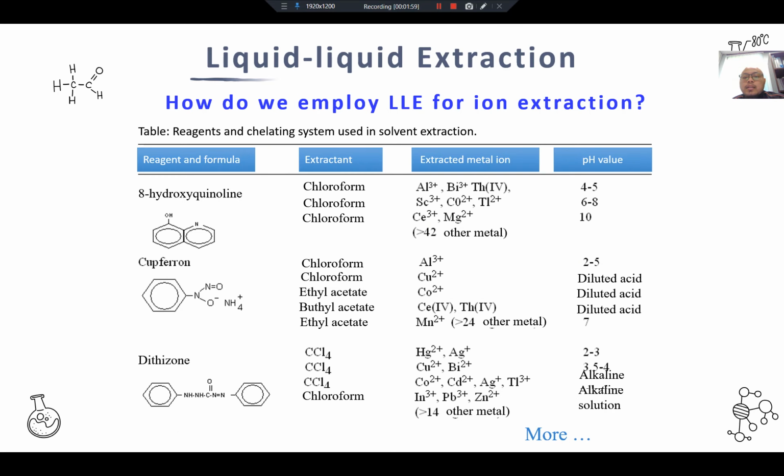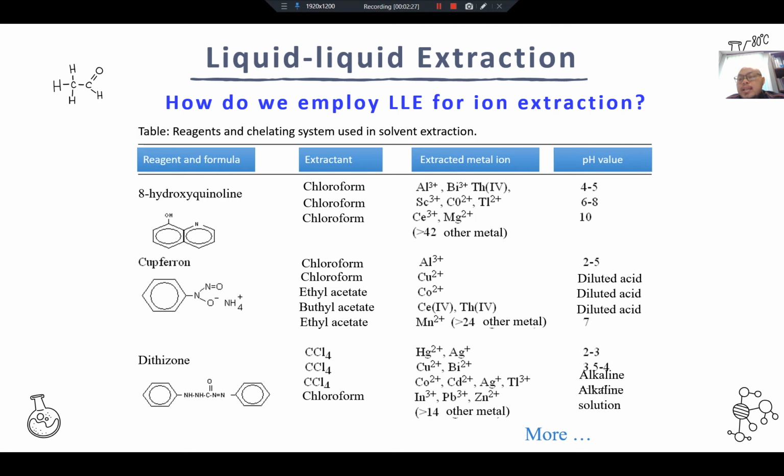Right, so here is the example with the specific reagent and formula. You have the extractant, then the extracted metal ion, and then the optimum pH value for the extraction. Let's say you want to extract aluminium 3+. You can use chloroform to extract aluminium 3+, but you need to adjust the pH value of the aqueous solution to 4 to 5.